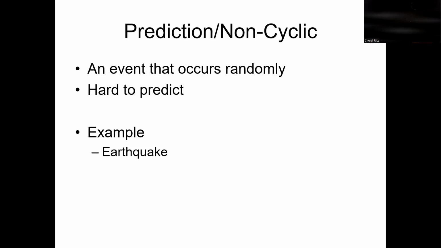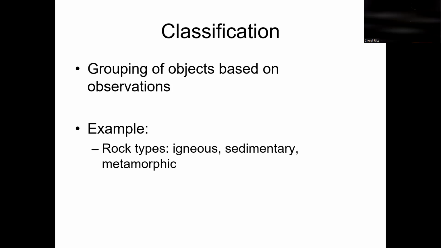You classified birds by the shape of their beaks. So you didn't just randomly say, you're in group 1, you're in group 2, you're in group 3, you're in group 4. You classified them by one of their characteristics, by their observations. You made an observation about their bird beaks and you put them in a group.